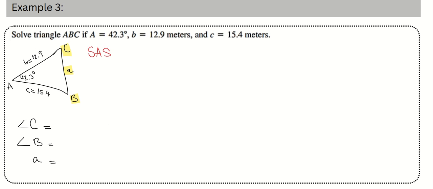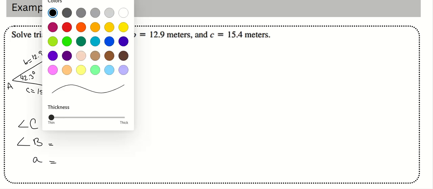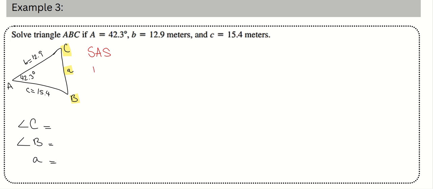Okay, so again, we can find side A by using our nice law of cosines. So we'll start there. So use law of cosines.